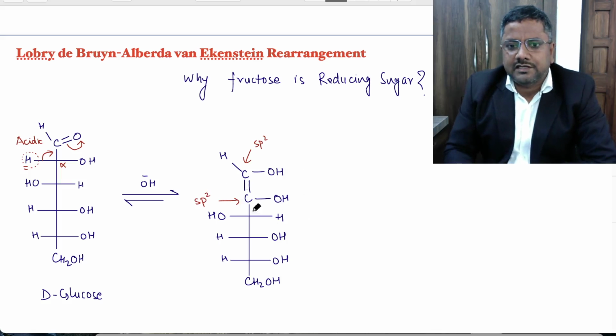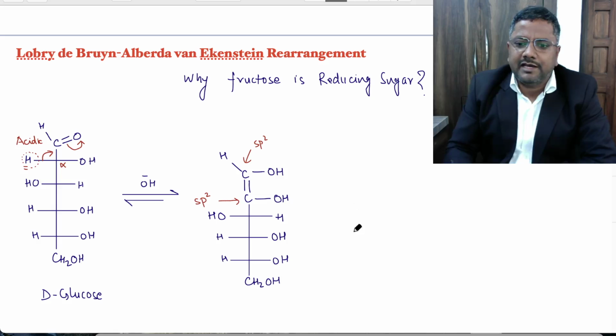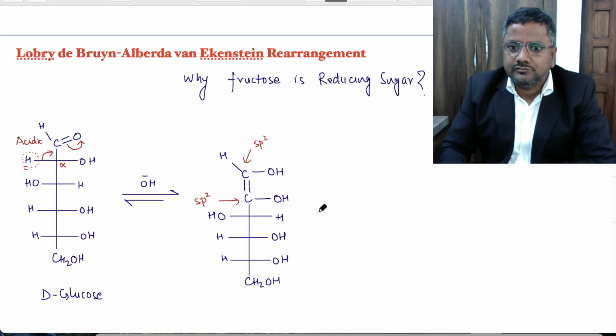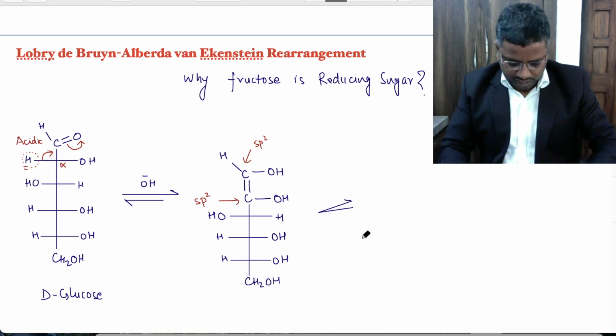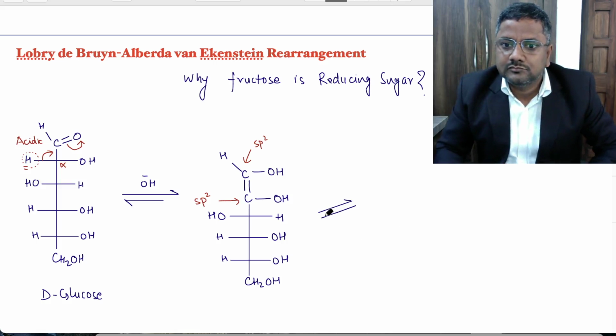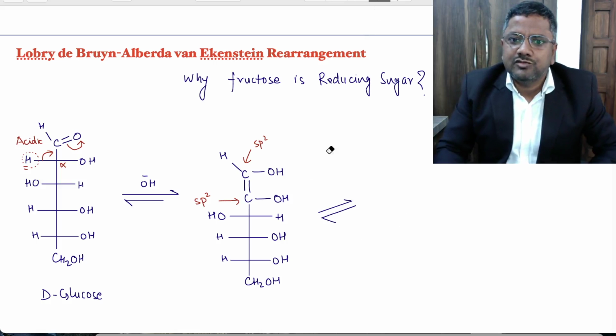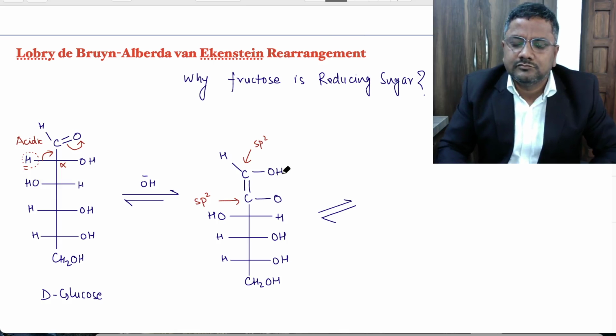Now this can be reversed, and in the reversal of this, we may have two different products. How? See, suppose that this hydrogen will move like this, right?